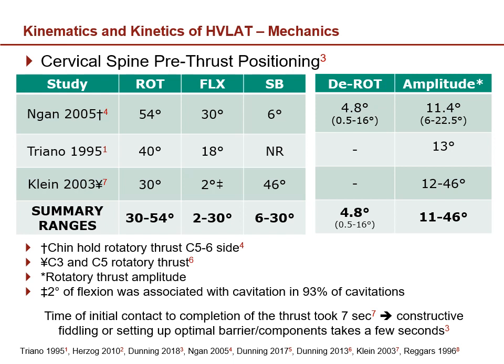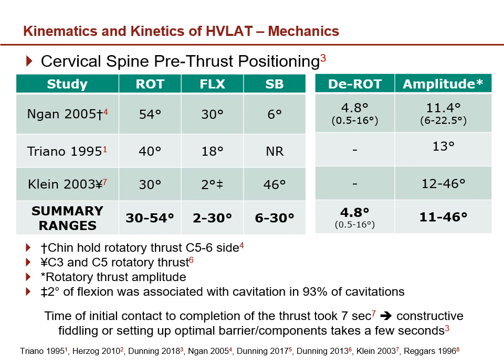We see that rotation within the cervical spine would be between 30 and 50 degrees. The flexion is highly variable depending, I would say, on the technique and potentially even the level. And we'll talk about whether there's necessity in flexing the cervical spine or not.